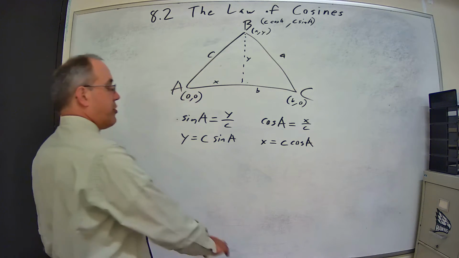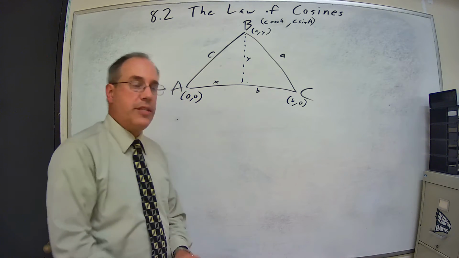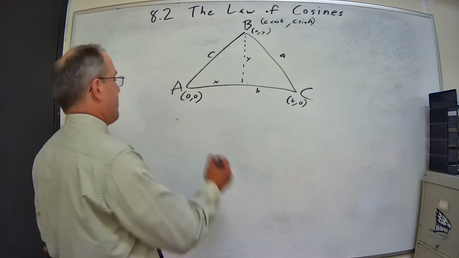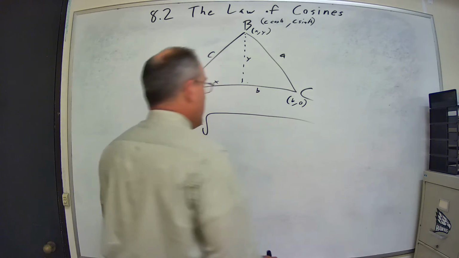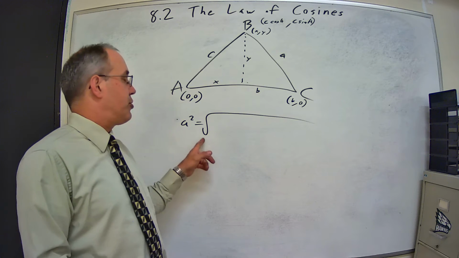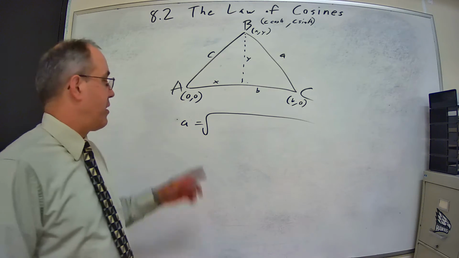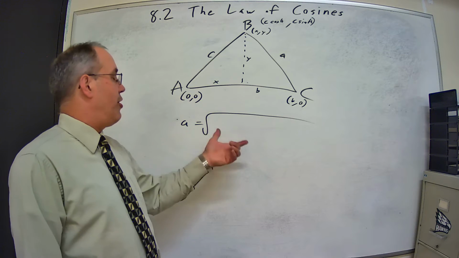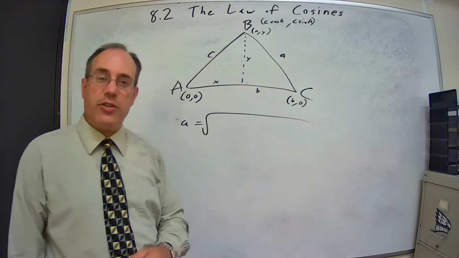So that's a good start. So now that we have that, we can use the distance formula to find the length of side a. The distance formula says that the length of a side is equal to the square root of the square of the change in x plus the square of the change in y.